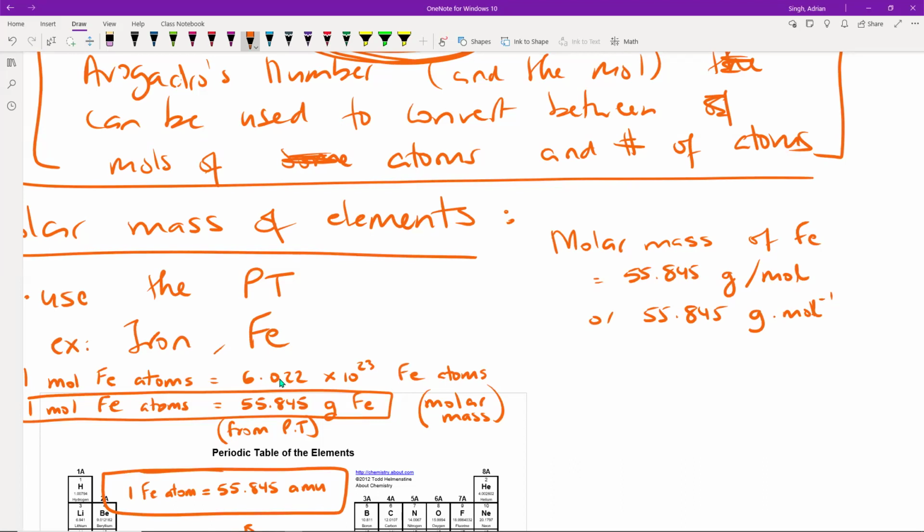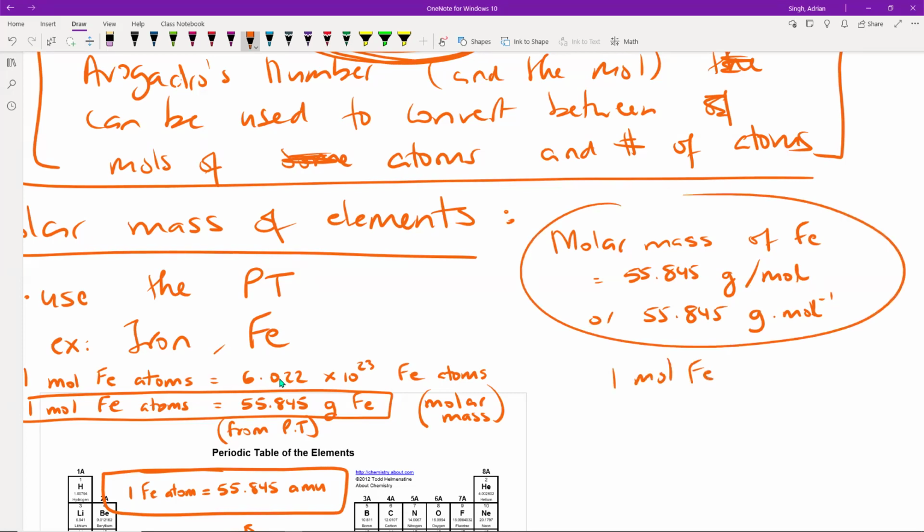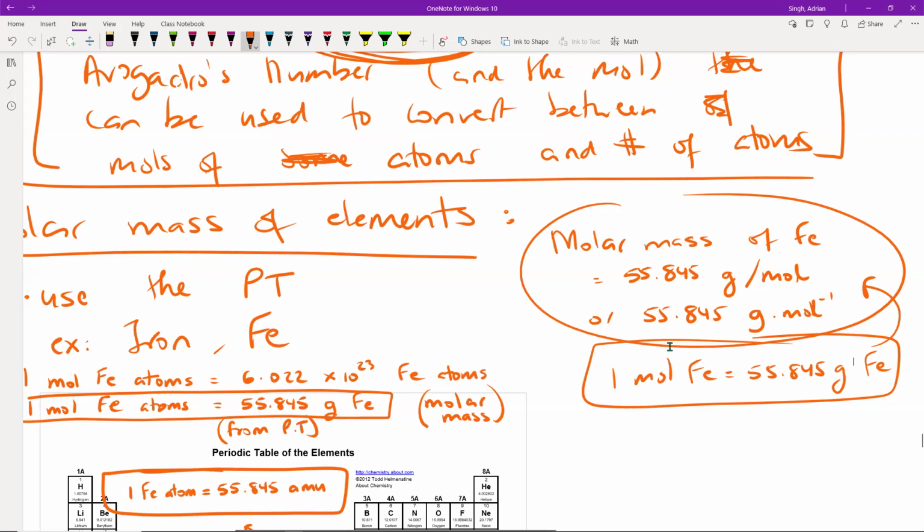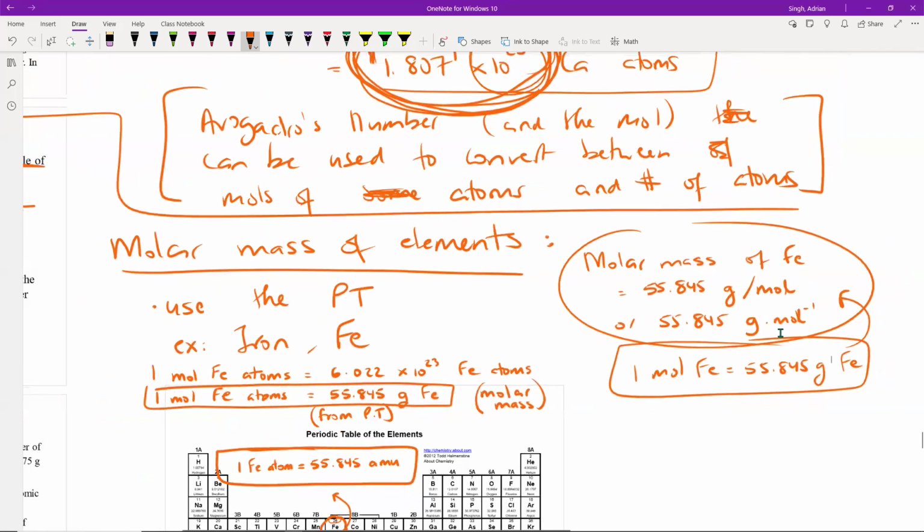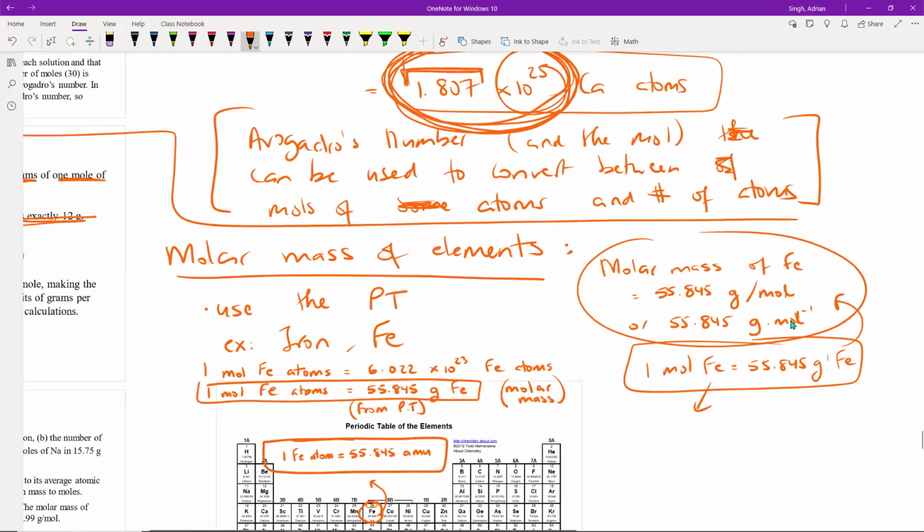What's even more useful to us is to express the molar mass in an equality form, right? Just like we did before. So 1 mole of Fe is equal to 55.845 grams of Fe. And it means the same thing as the grams per mole. The reason why I want to stress this way is because in an equality, I can turn it into my two conversion factors.